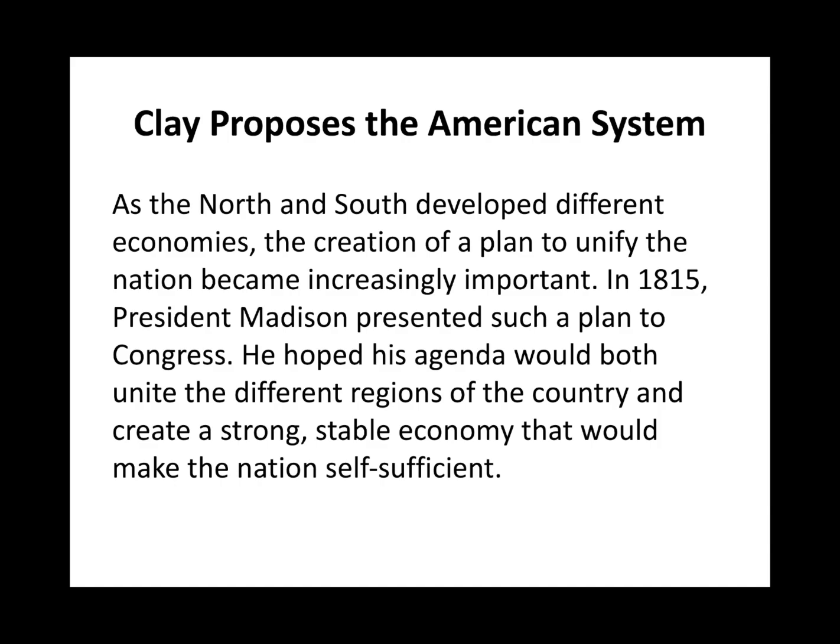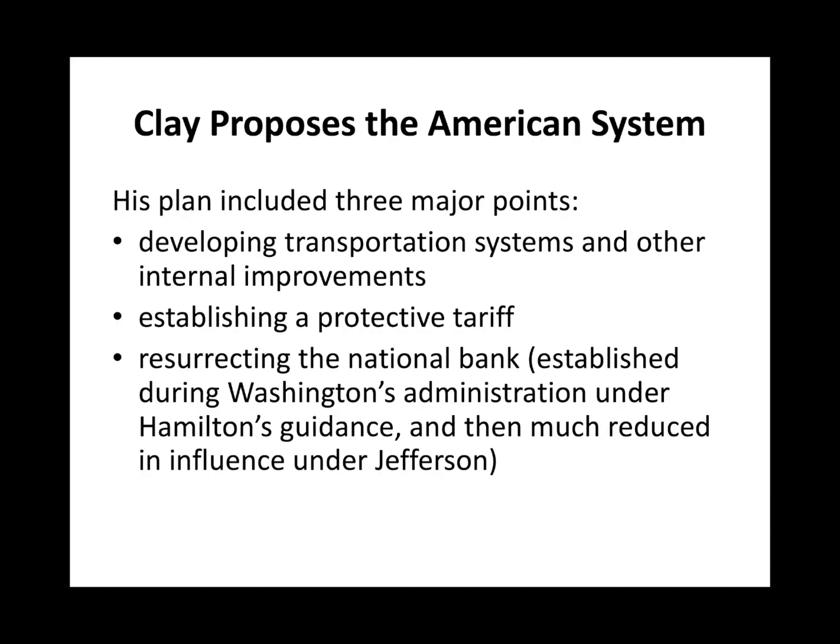So as the North and the South developed different economies, the creation of a plan to unify the nation became increasingly more important. And in 1815, President Madison presented such a plan in Congress. He hoped this agenda would both unite the different regions of the country and create a strong, stable economy that would make the nation self-sufficient.